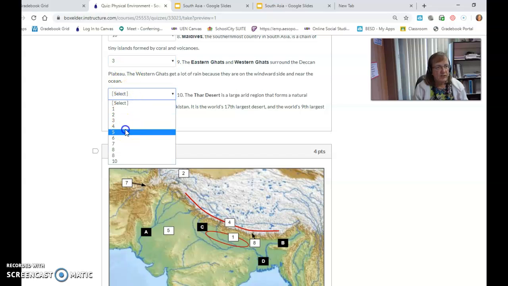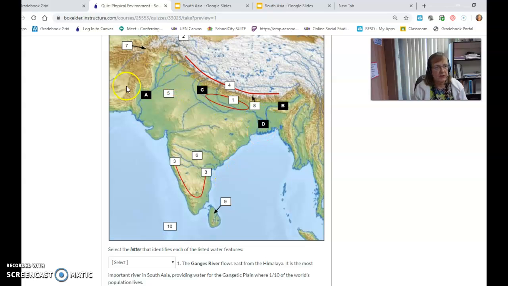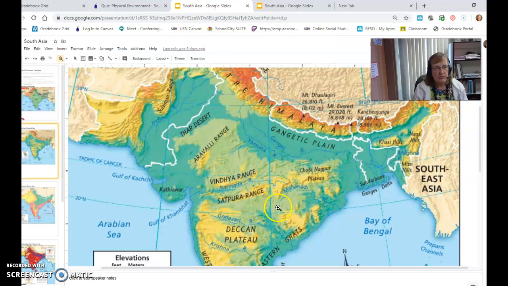Okay, the next section is going to be the water features, and we can use the physical map for that as well. We're looking for the black background letters. The Ganges River flows east from the Himalaya. Now we learned about the Gangetic Plain. Let's look over here and find the Ganges River. So it looks like the Ganges River flows all the way across here.